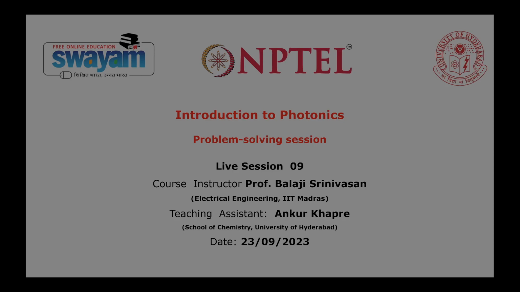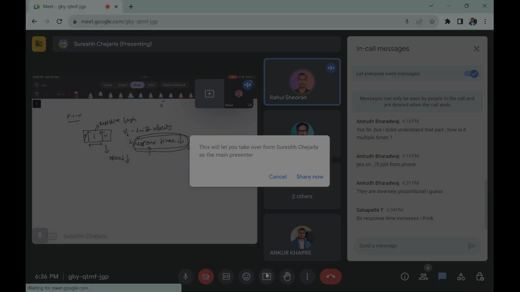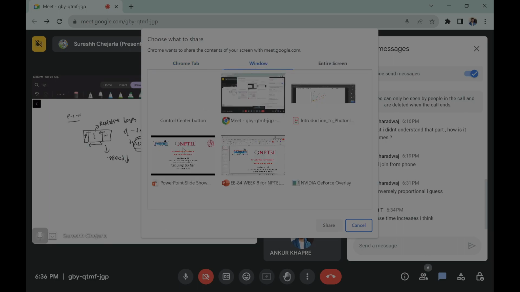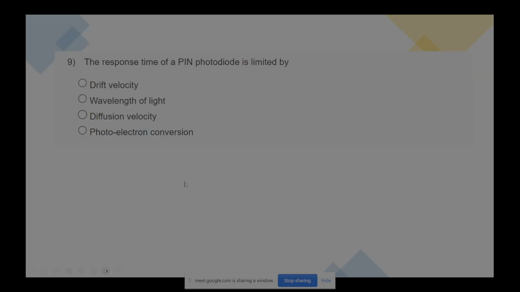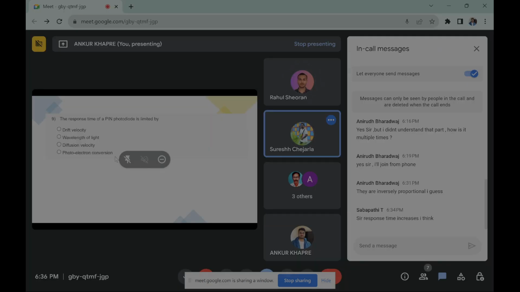In question number 9, the last option states photo-electron conversion. It's talking about the response time. Which part is called photo-electron conversion? Is it just the absorption of the photon which is ejecting an electron? Yeah, that is the one.